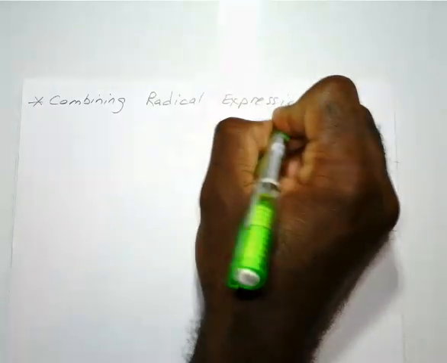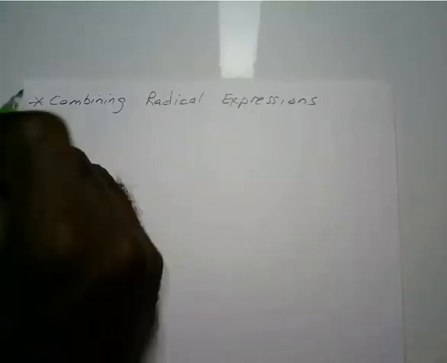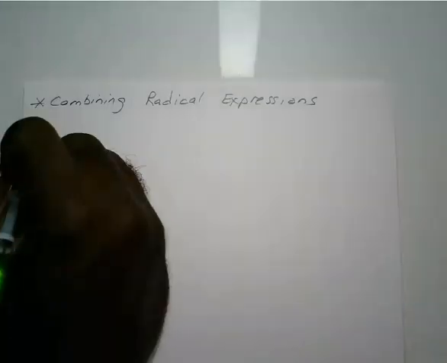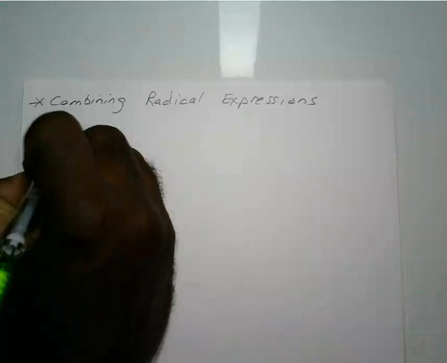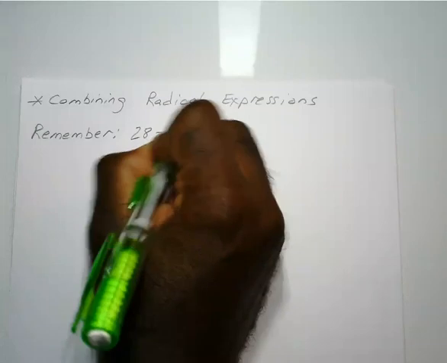Okay, so remember, let's say if you have two factors, let's say 28 equals 4 times 7. Or let's say 54 is equal to 27 times 2.